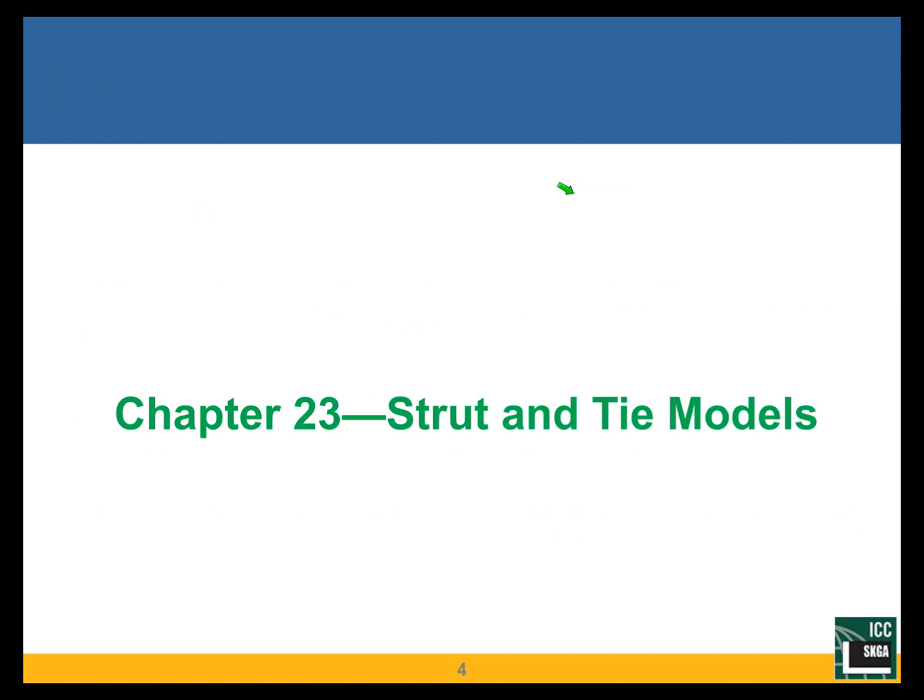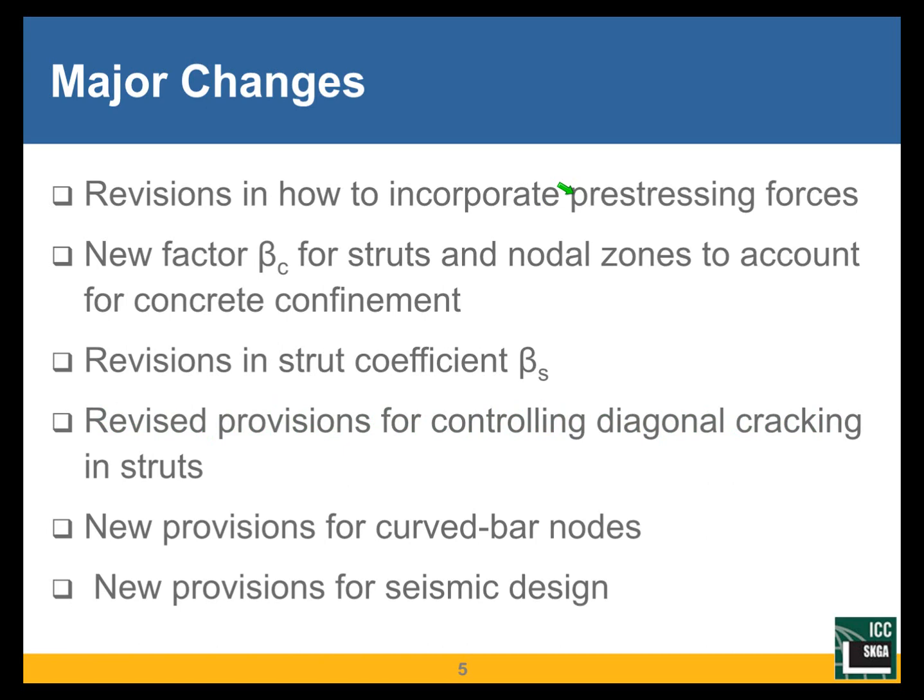So we will start with the Strut-and-Tie Models, Chapter 23. Quite a few changes actually in this chapter. Revisions in how to incorporate prestressing force in strut-and-tie models. A new factor beta sub c for struts and nodal zones to account for concrete confinement. So this is a brand new factor.